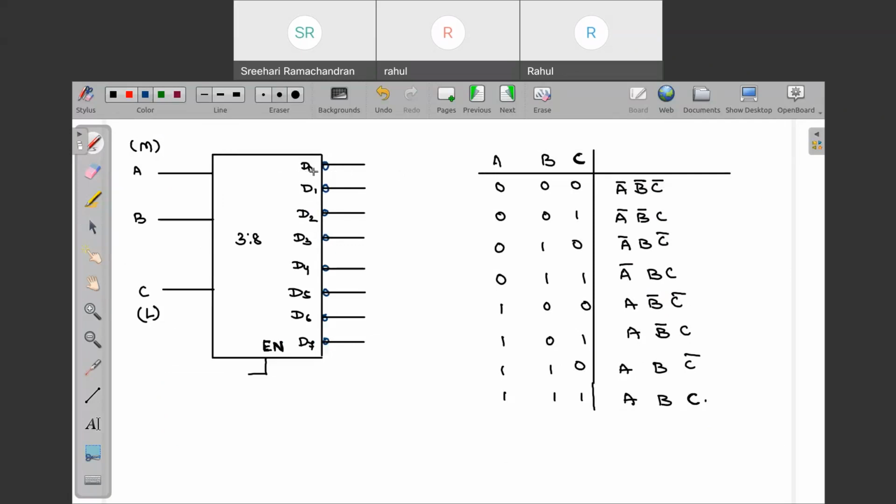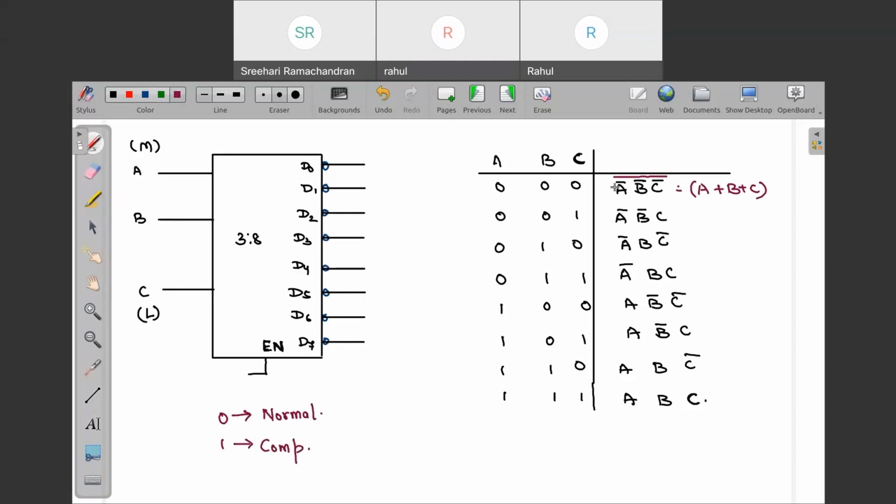So when we pass through D0, this was the minterm we were getting, and there will be a whole complement above this. So this will be A plus B plus C. And we also know that when we want to write sum terms or maxterms, 0 corresponds to the normal variable and 1 corresponds to the complemented variable.